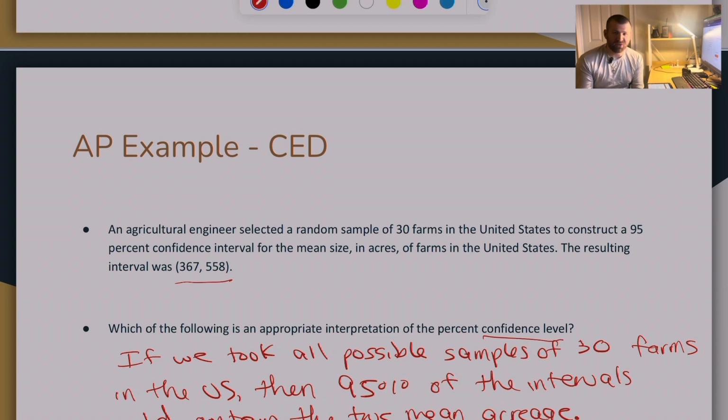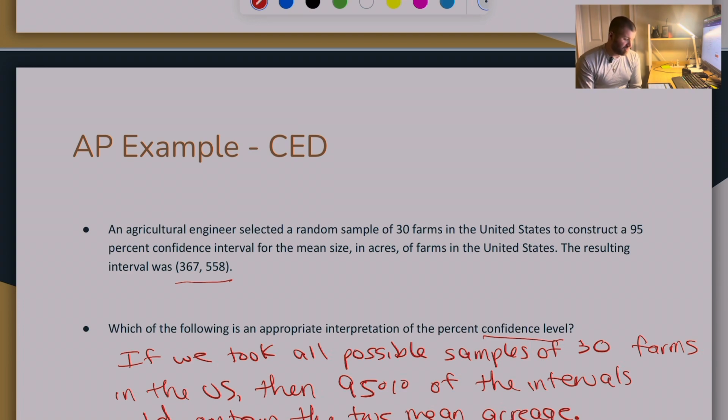I wrote a very theoretical thing that doesn't have much practicality. If I was going to ask you to interpret that interval, it would be, we are 95% confident that the true mean acreage lies on this interval from 367 to 558. But in interpreting the confidence level, you will not have a number other than the confidence level itself.